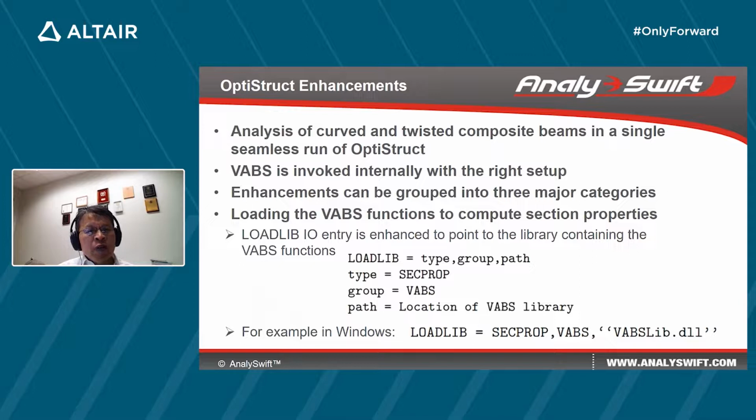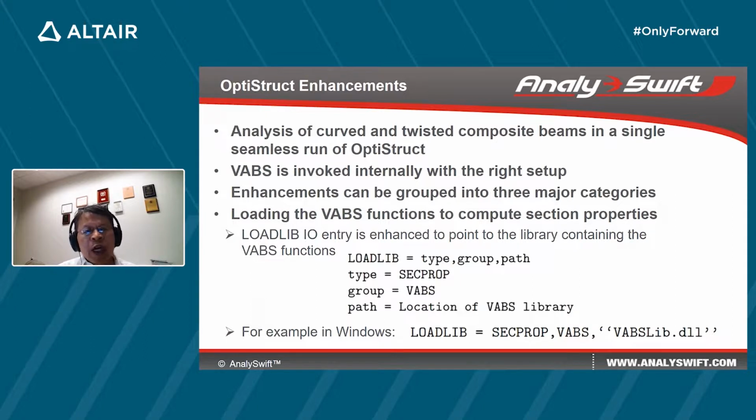And as an end user, you may not even know WEBS because it can be invoked internally with the right setup. If we want to know the specifics of the enhancements, they can be grouped into three major categories.